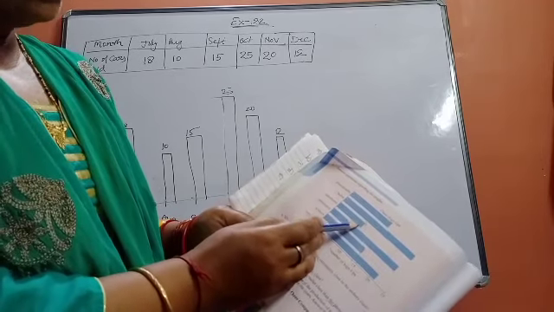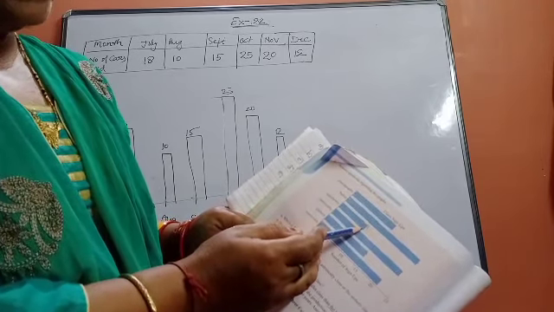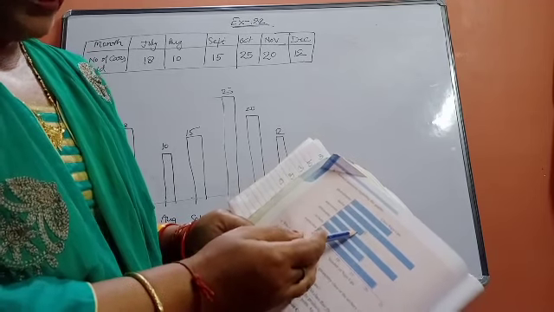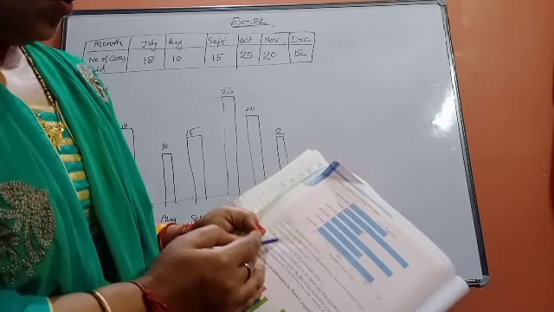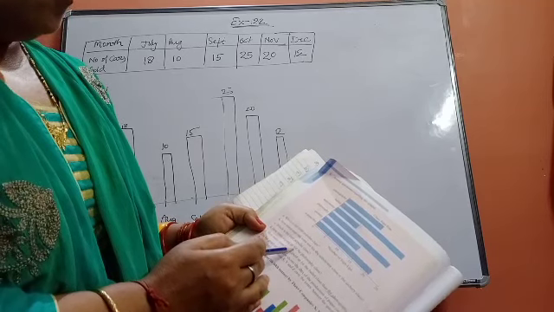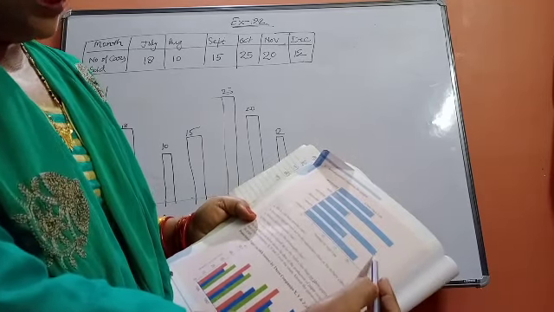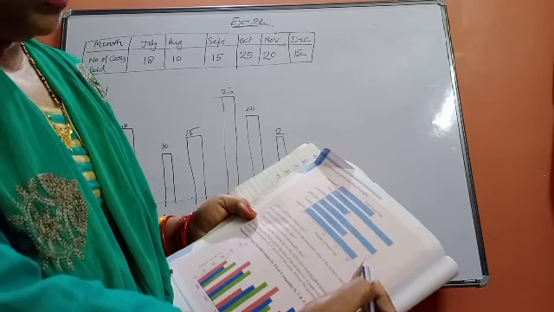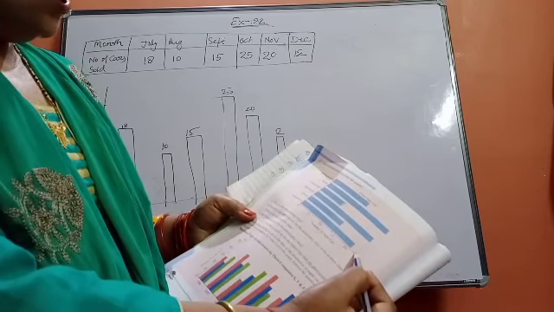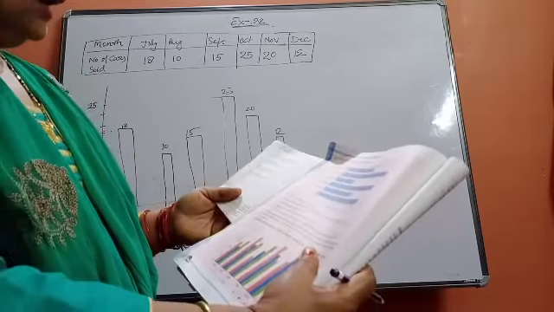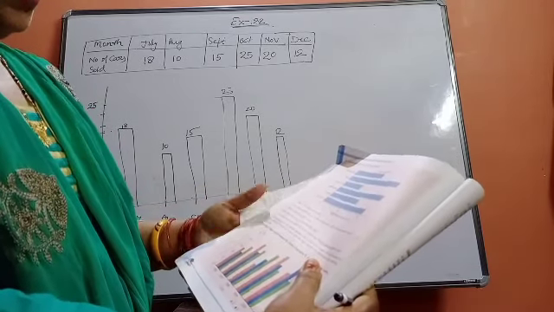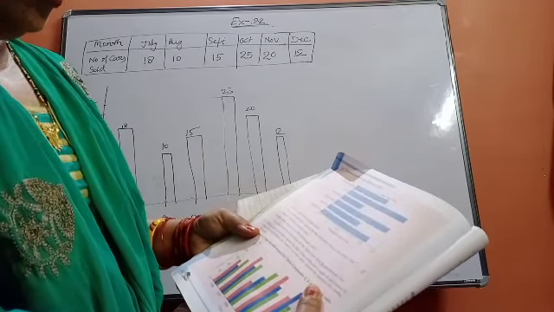You can see that the astronomy rectangle is smaller, so the astronomy class is the least popular class. How many signed up for the philosophy class? Philosophy is this one, beta. You can draw it here, and approximately it will come to 22.